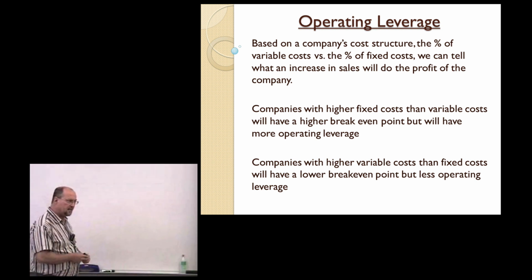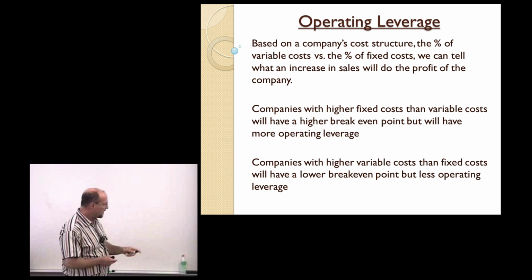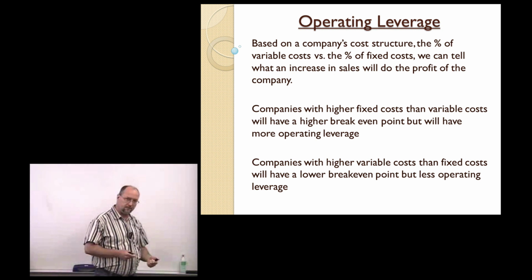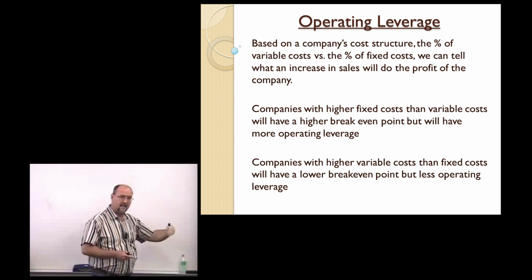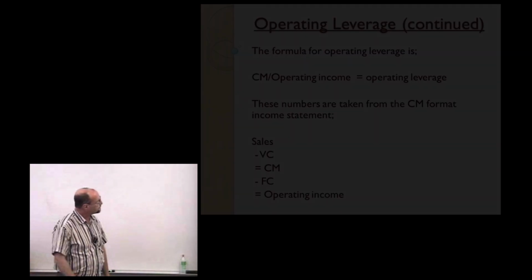And what that means is, as sales increase, your profit increases by a greater degree. We'll see this momentarily. Companies with higher variable costs and lower fixed costs have a lower break-even point, but they have less operating leverage, so as their revenue increases, their profitability will increase, but not as much in percentage terms as a company with high operating leverage. Let's see it in action.